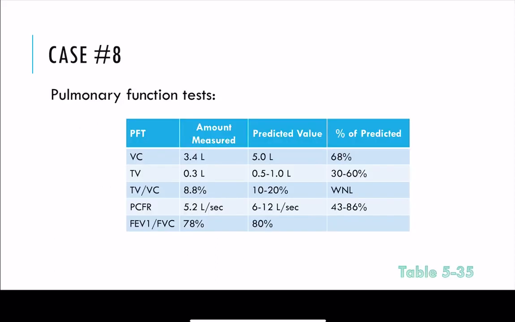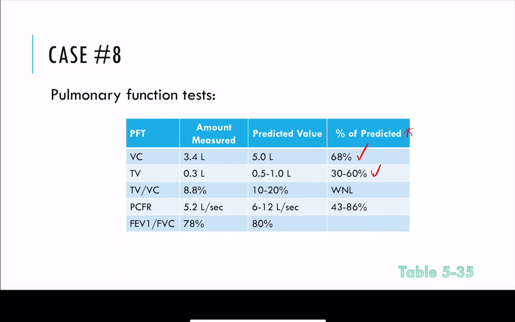Let's take a look at his pulmonary function tests. So again, we can see percent of predicted in the final column. His vital capacity, 68% of predicted. So he has a reduced vital capacity. His tidal volume was even a little low. When you compared the tidal volume to vital capacity, that was within normal limits. So he wasn't taking up more of his vital capacity with his tidal volume.